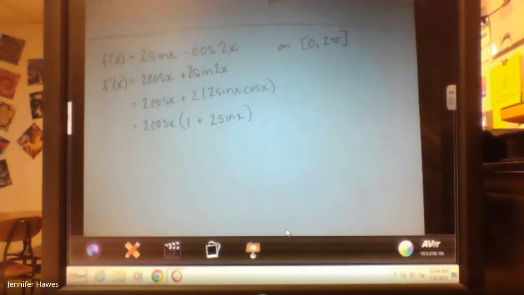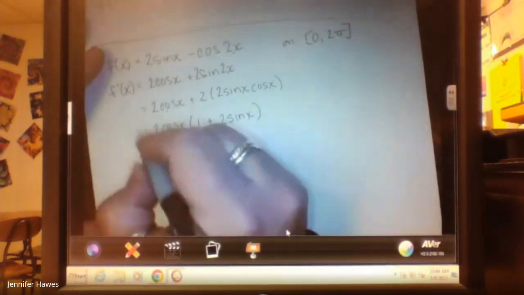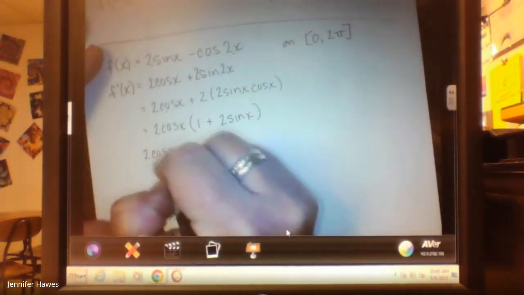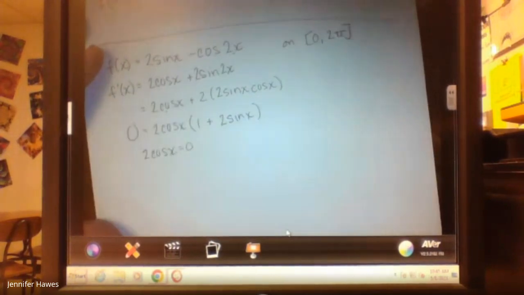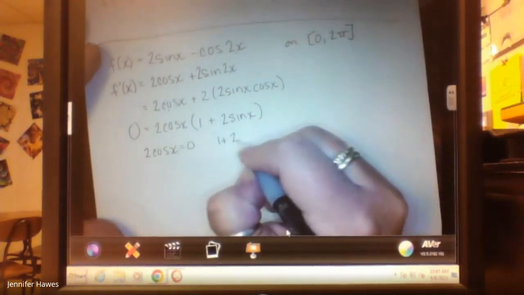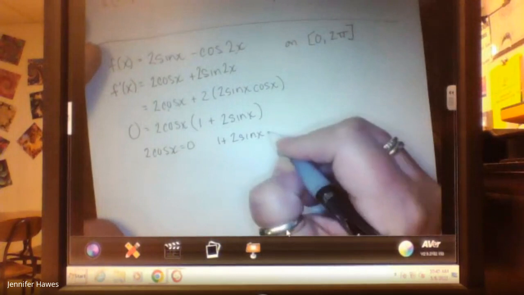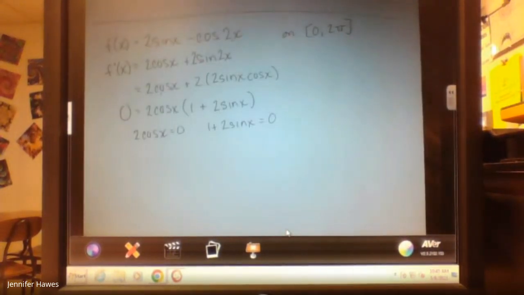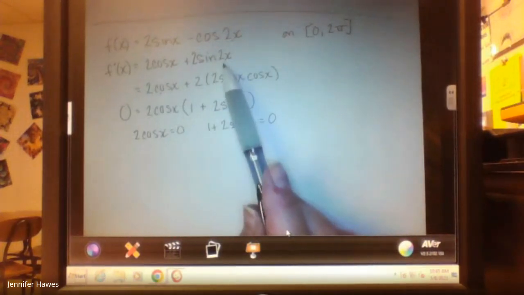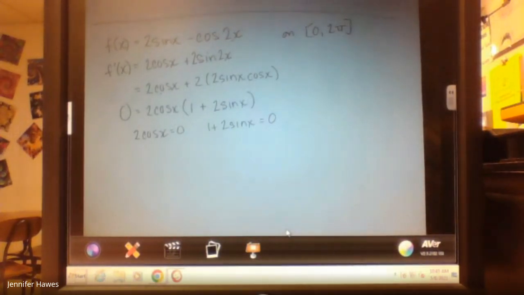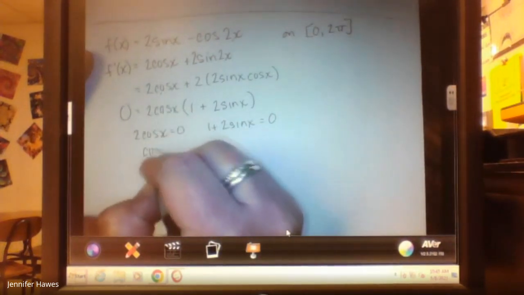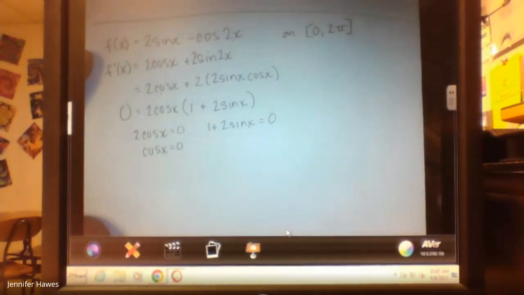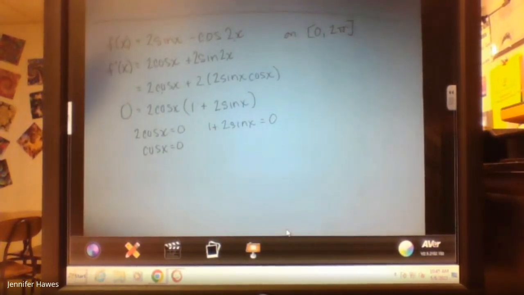All right, now I'm going to set these two things equal to 0. This one couldn't be done before because of that doubling, but we can change it. So this would just be cos equals 0, because if you divide by 2, that's where you're at.